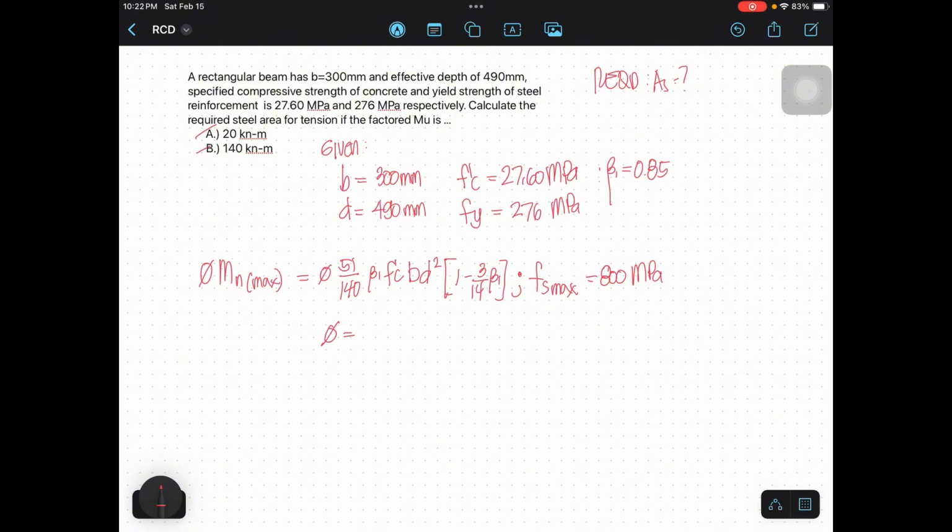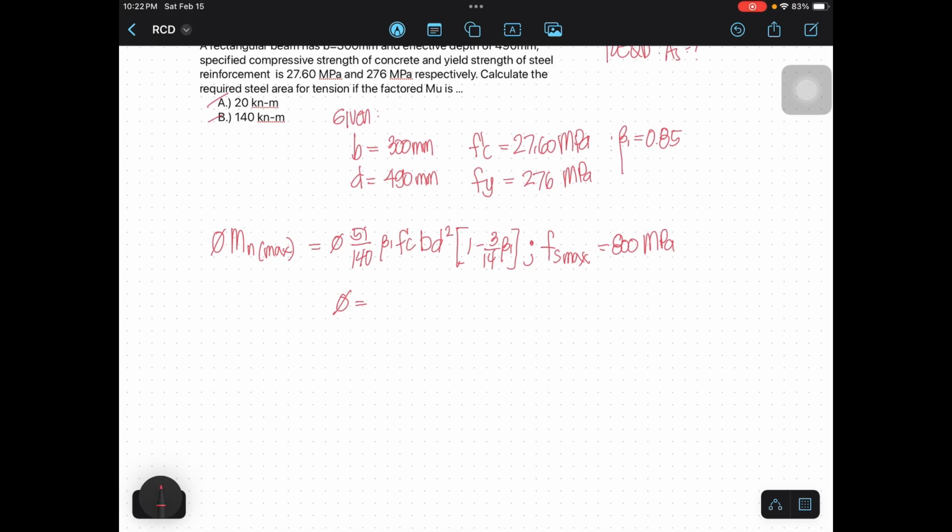Whereas kapag yung tensile strength naman natin nasa tension control tayo, yung reduction factor natin ay 0.90. So since yung tensile strength maximum is 800 megapascal, at ito ay nasa transition region, kailangan muna natin i-compute yung reduction factor na merong equation na 0.65 plus 0.25 quantity Fs minus Fy over 1,000 minus Fy.